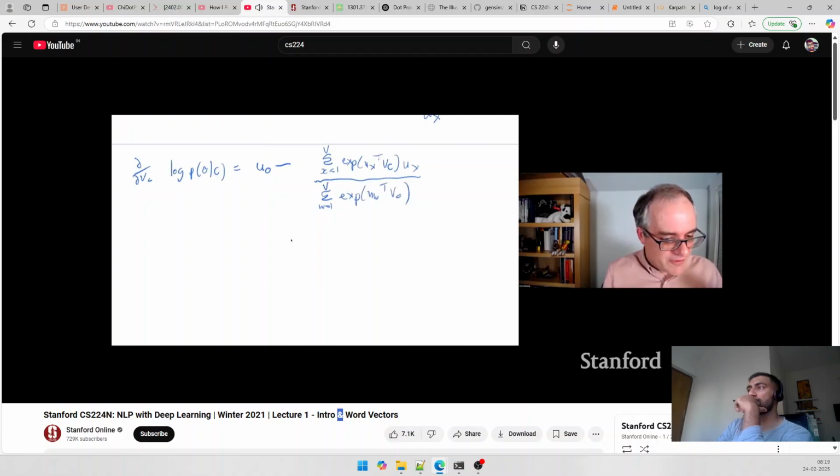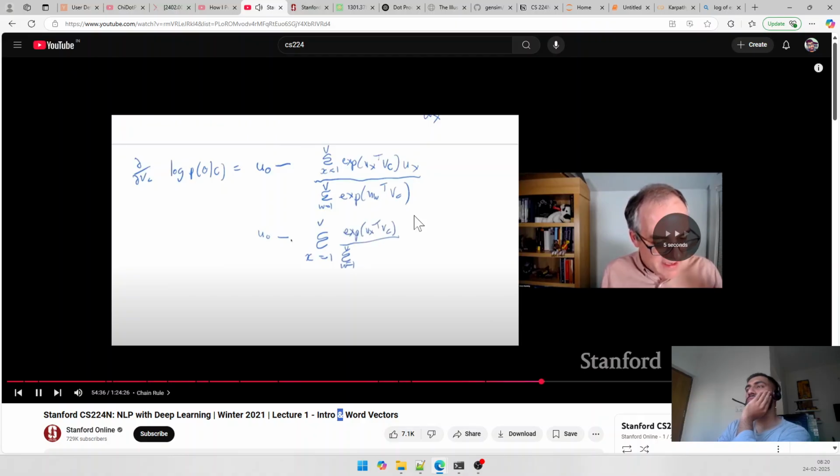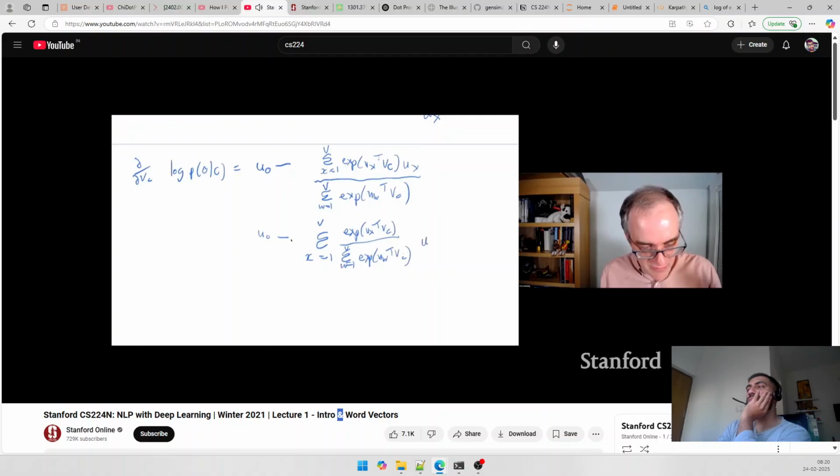By rewriting that a little, we get that this equals u0 minus the sum over x equals 1 to V of exp of uxTvc over the sum of exp of uwTvc, times ux.